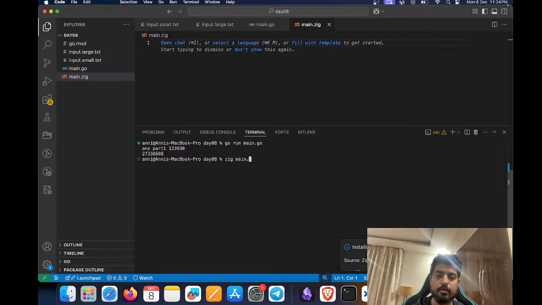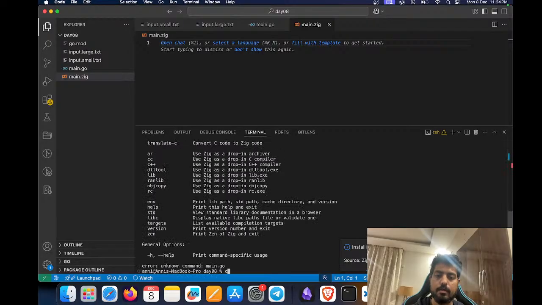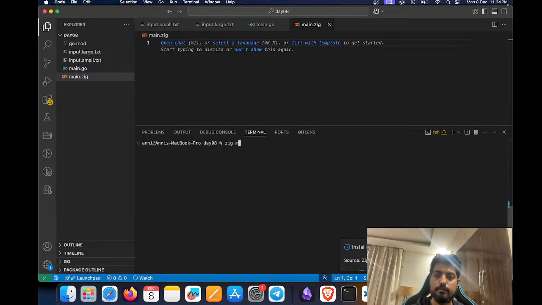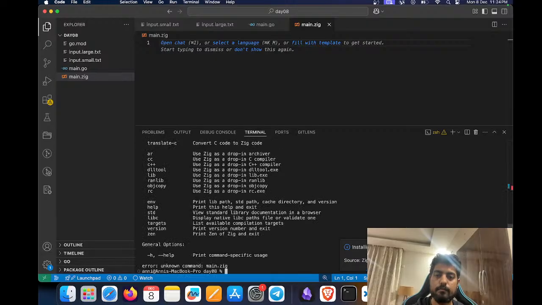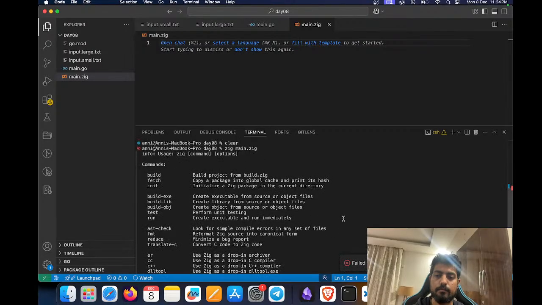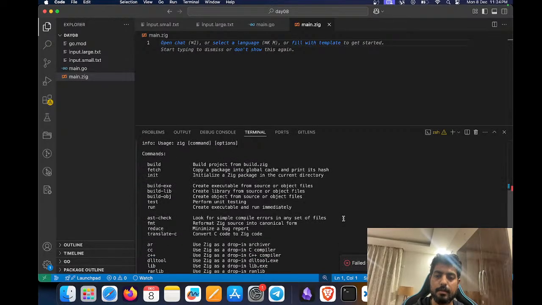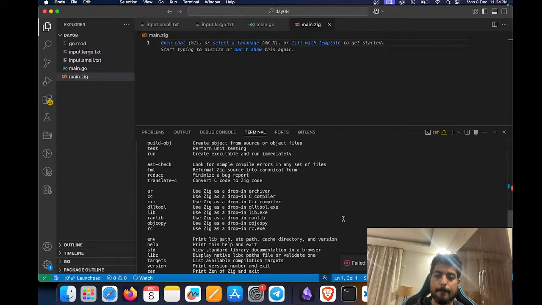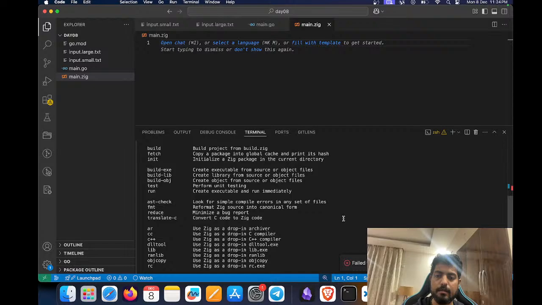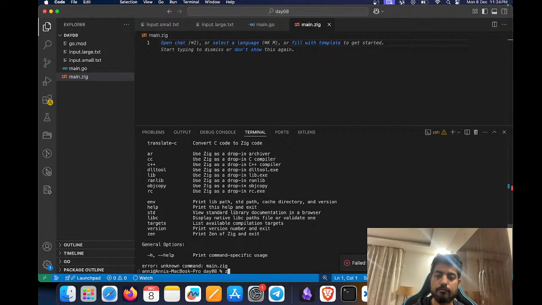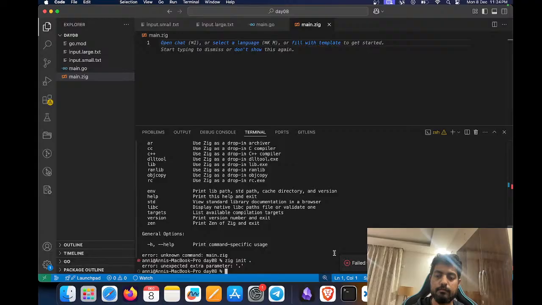I have Zig already installed. Okay, that is not the correct command. Is it zig build? Is it zig init? Zig init AOC 2025 day 8.